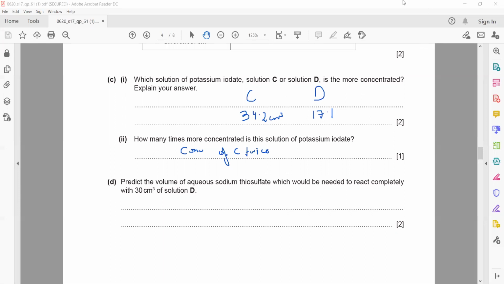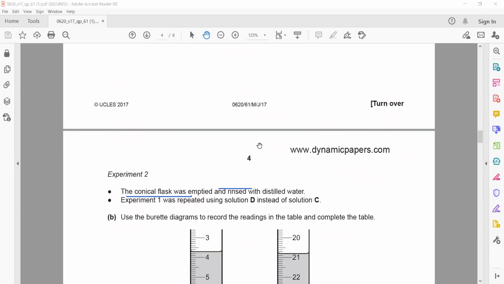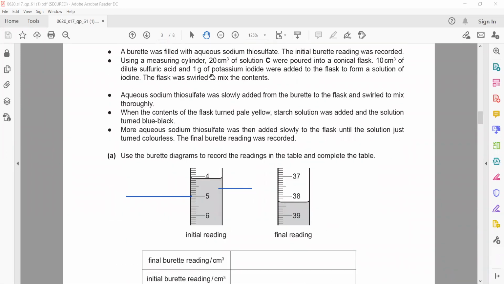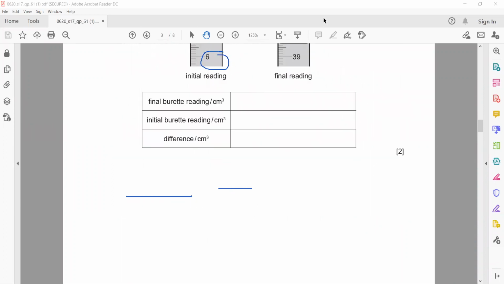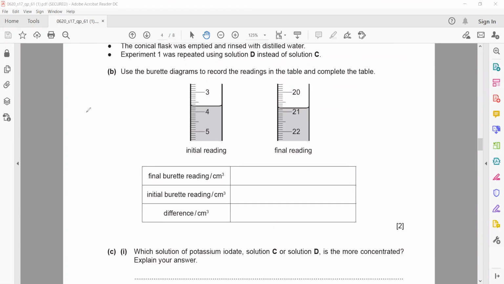We took the same amount: like we took 20 cm cube of C, we repeated the experiment and took 20 cm cube of D. In this conical flask we first took 20 cm cube of D. From the burette, how much thiosulfate is needed? 17.1 cm cube. Now the question is, if I repeat the experiment with 30 cm cube, how much thiosulfate is needed?